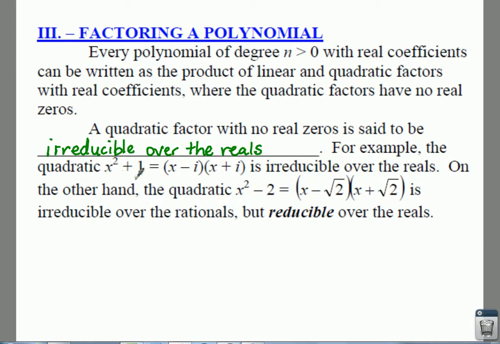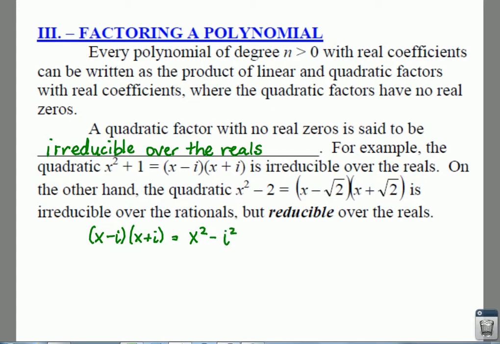x squared plus 1, a lot of people don't see that as a difference of squares, but it actually is a difference of squares. If you have two terms, one's a square and one's another perfect square, it is a plus and a minus, but notice you have an i. So a way to remember that is if you have an x minus i times an x plus i, then if you distribute x times x, that's a difference of squares, you get x squared minus i squared.